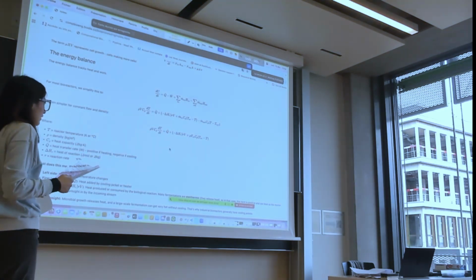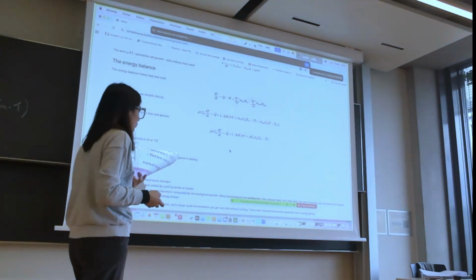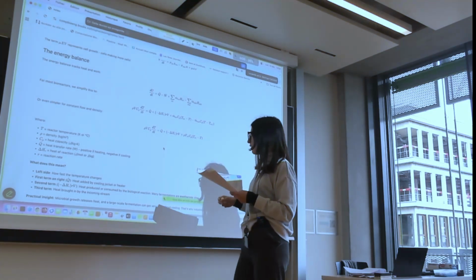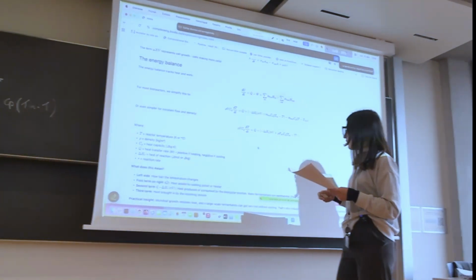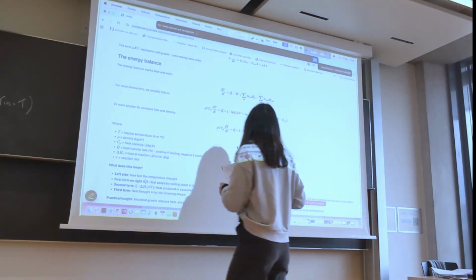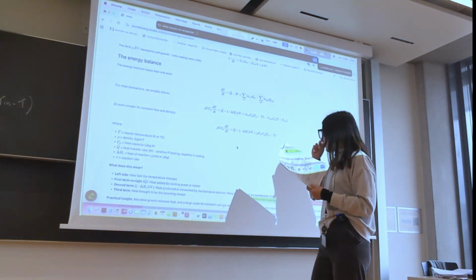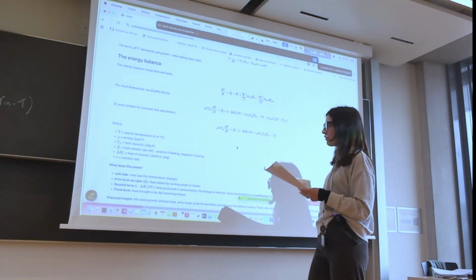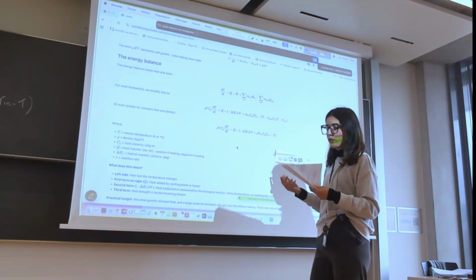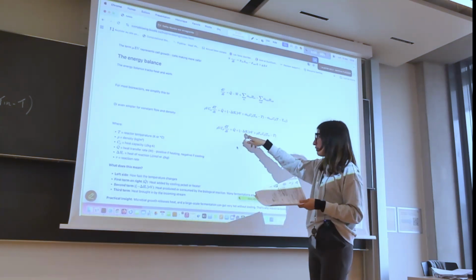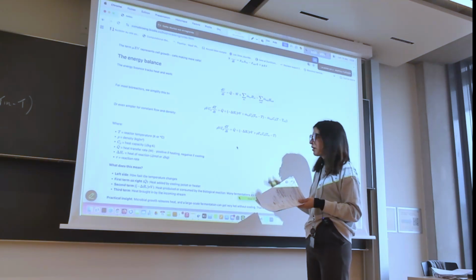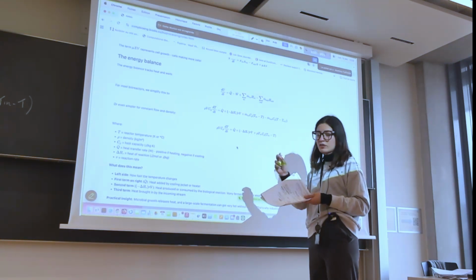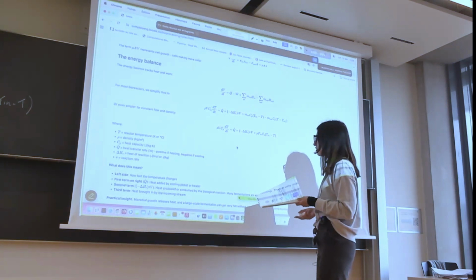Yes, so if we want to write this for a specific case, for example, if we have a different reaction, we would expect a different delta H of R, because this is a value that is specific for a specific reaction.